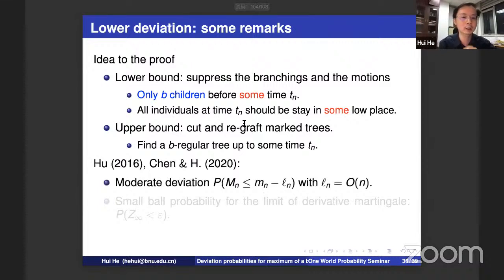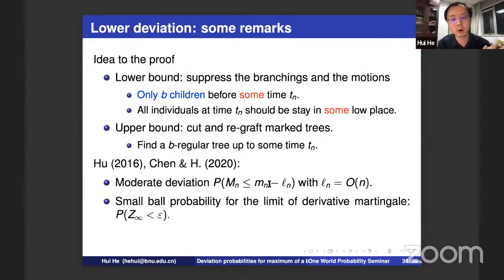And also in Yun Hu's result and in our results, we also consider the moderate deviation. That is, in the result presented here, we only considered the first order. Okay, to reduce the first order, but you can consider reducing the maximum in any order. And we can also study the small ball probability for the limit of the derivative martingale. So this definition of the infinity was also given in Bastian's talk, but in his talk, he considered the probability that the infinity is larger than some x, but here we consider the probability that the infinity is less than some epsilon.